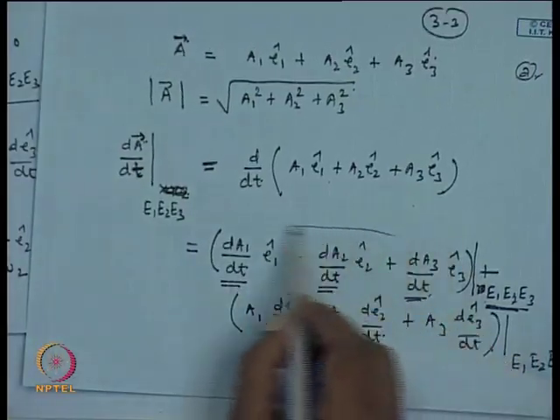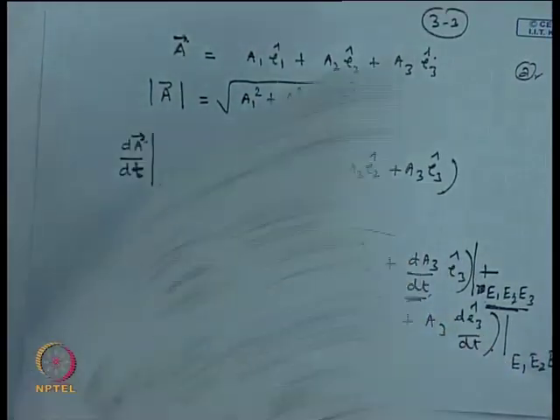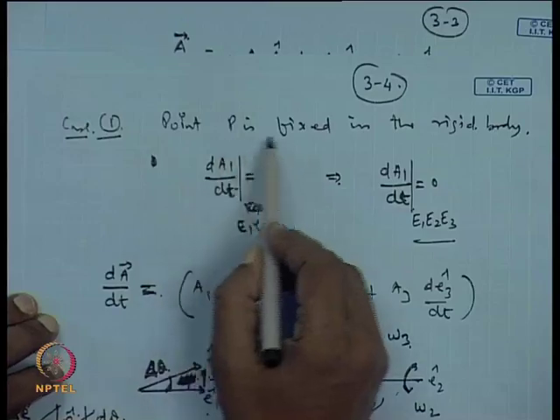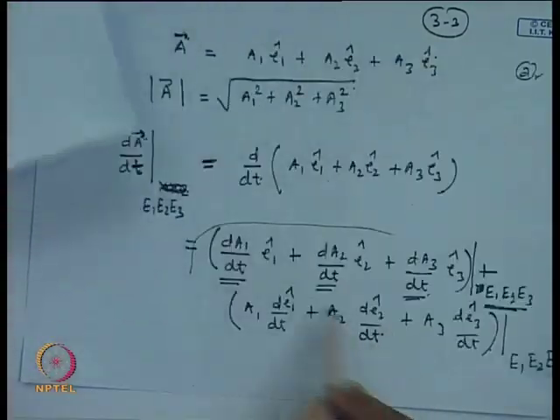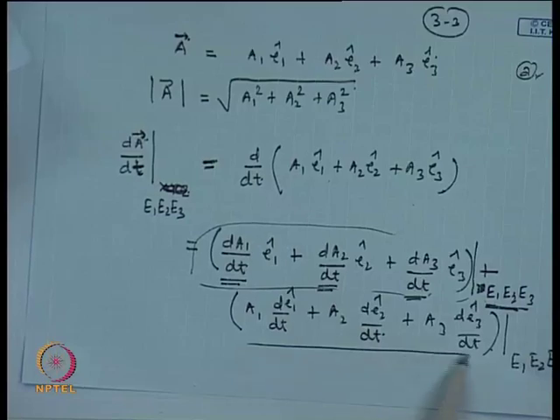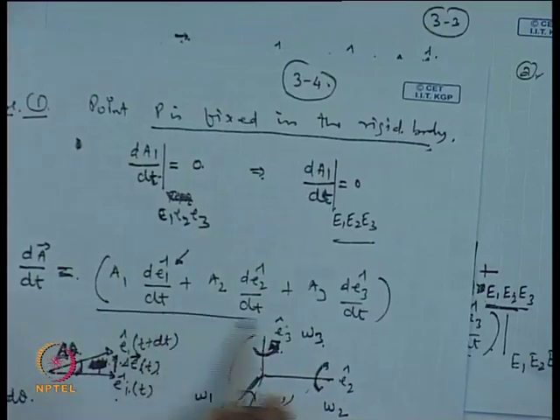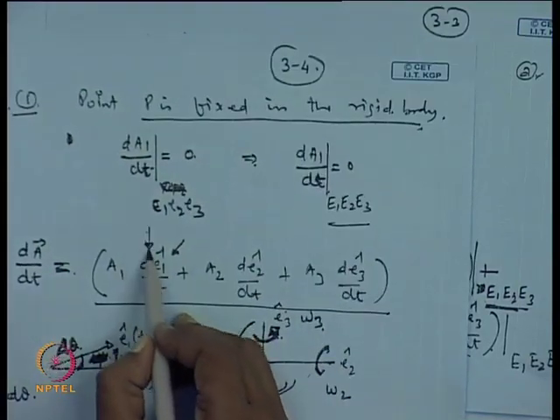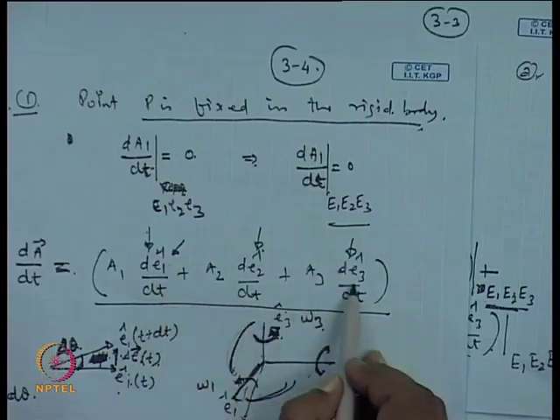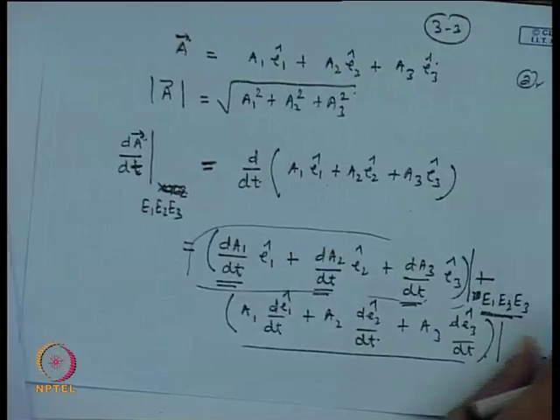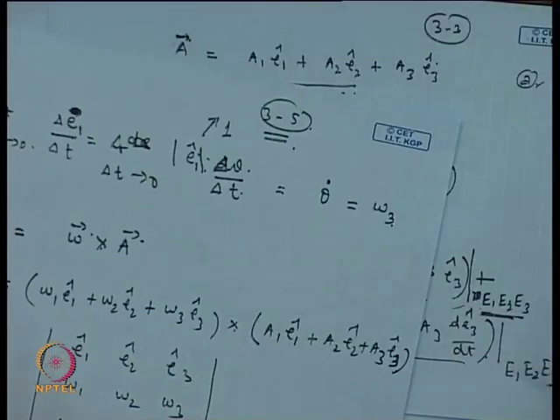This term, if the vector is fixed, the case 1 we are taking where the point P is fixed. So, in that case this part is becoming 0 and only this part we were considering. So, in this part we need to insert the expression for d E 1 cap, d E 2 cap and d E 3 cap by d t. And this is the procedure for doing the same thing.